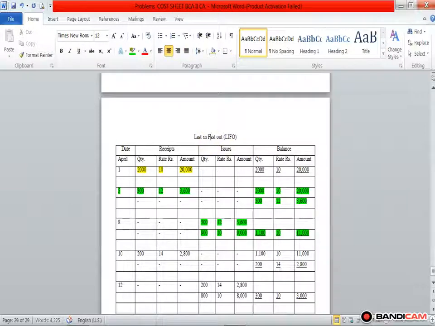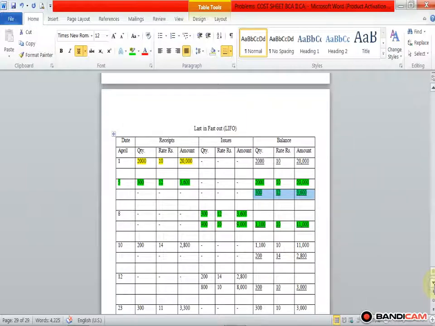First issue the last material. Those materials which are received last are issued first. So here 300 is received last, and is issued first. And the remaining balance is issued from the first lot. So the remaining balance is 1100 into 10, that is 11,000, is the remaining balance.